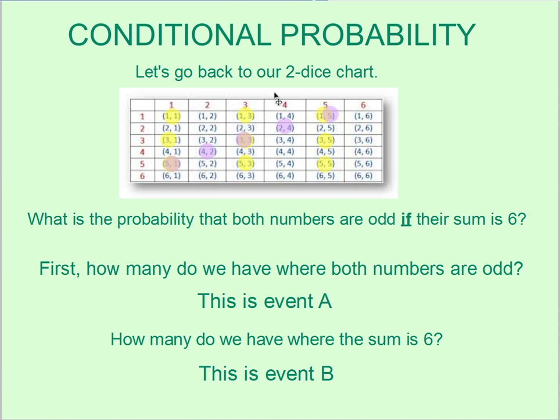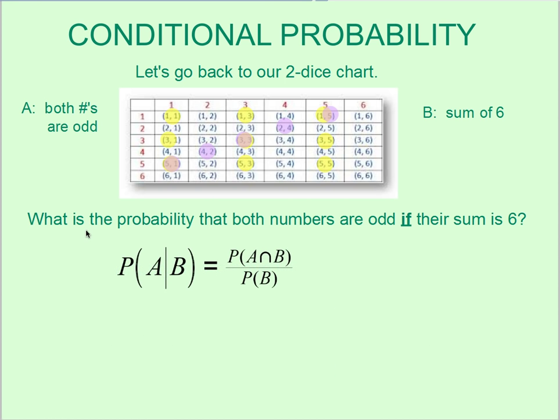So now, instead of using all 36 outcomes, this is what it's going to look like. I want the probability that both numbers are odd, given that I already know their sum is 6.